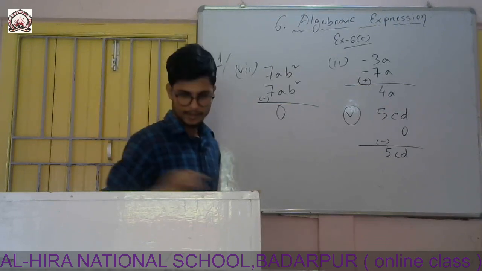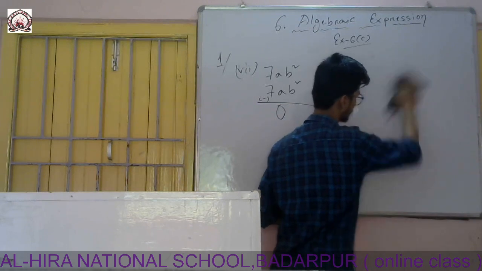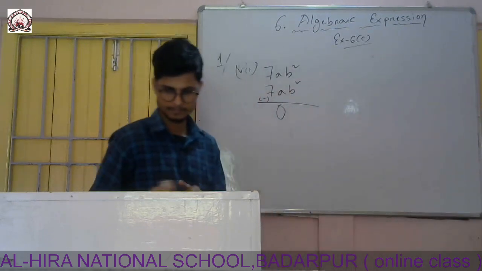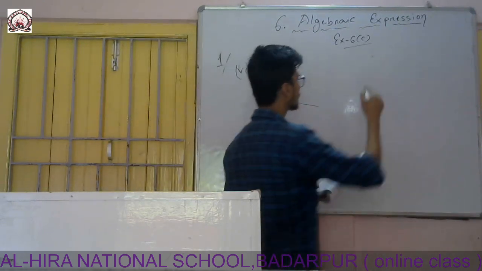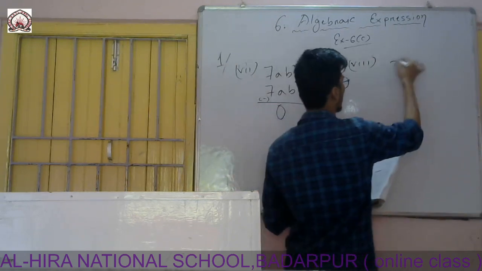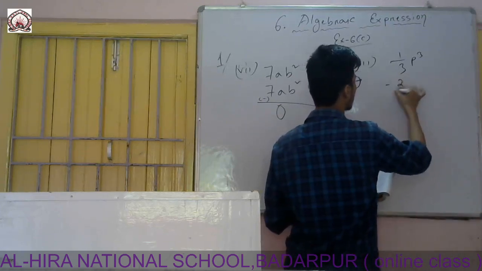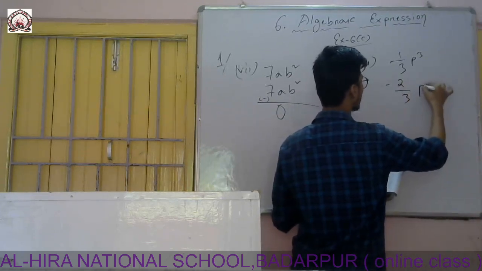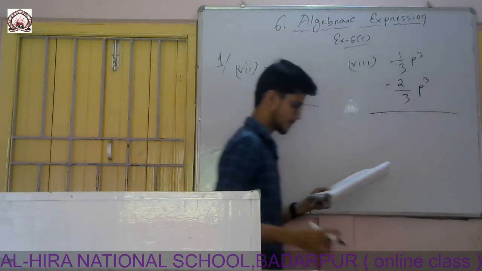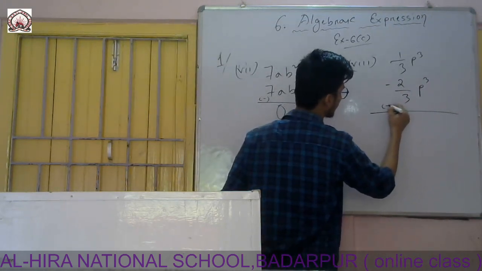Now see Roman 8. Okay. So 1 by 3 p cube and minus 2 by 3 p cube. So first of all I will change the sign. It is minus, so the sign will be plus.